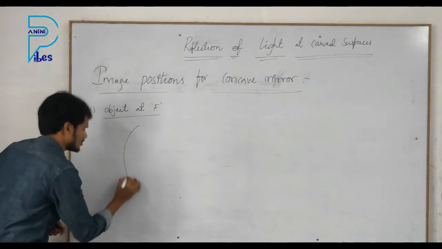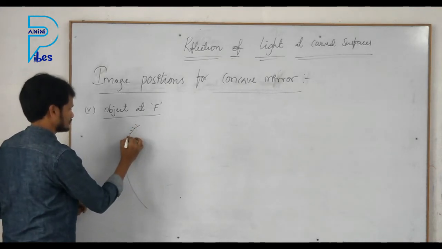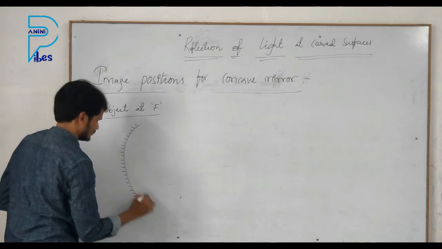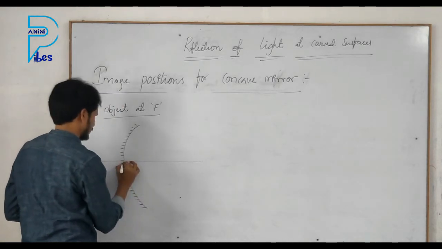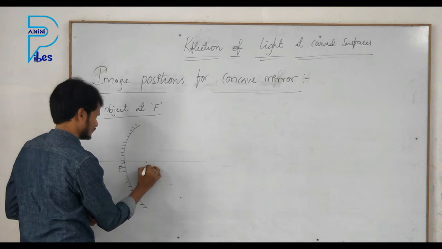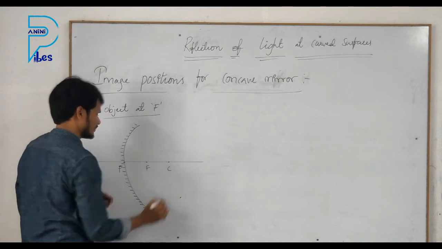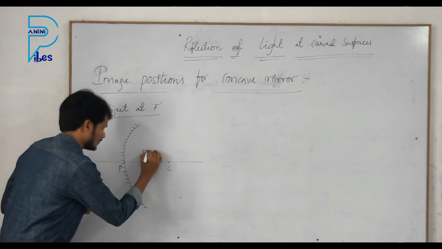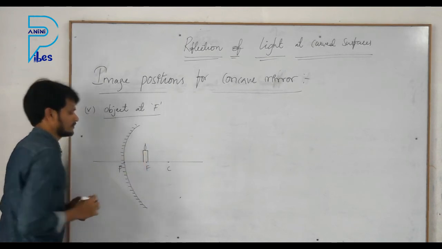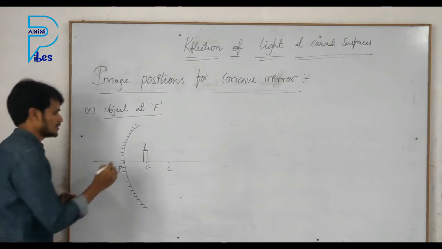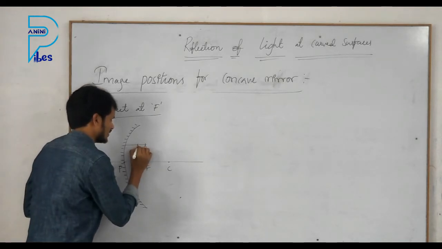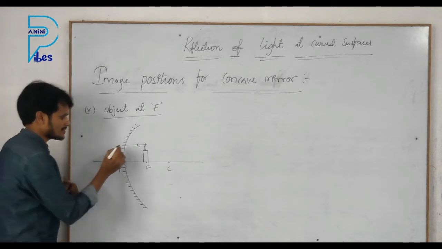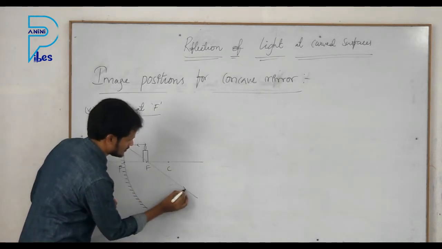So for the concave mirror, first draw the concave mirror, pole, focus and center. Now where are we placing the object? On F. Now the first ray, I am taking parallel to the principal axis, coming parallel to the principal axis and passing through the focus.